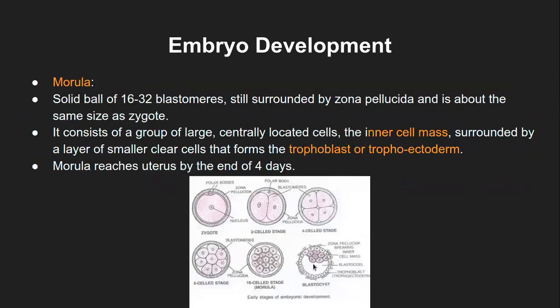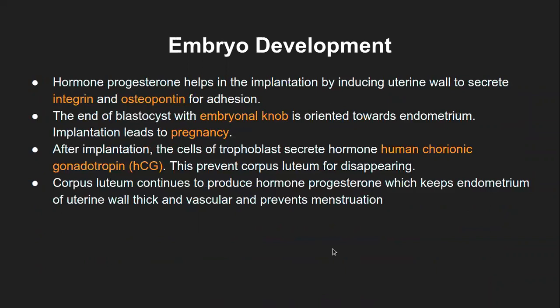If this is the cell mass, or this is the embryonal knob, this side will attach to the endometrial wall and not any other side of that particular sphere. It's the side on which the embryonal knob is present that will attach to the endometrial wall.